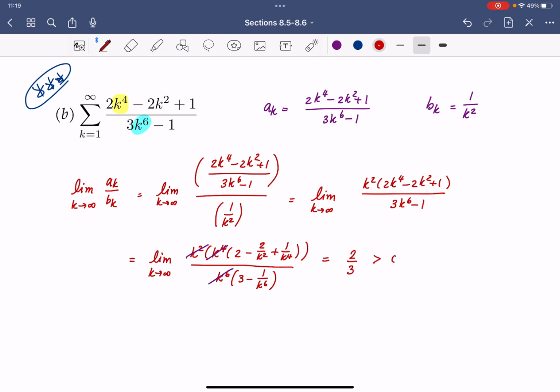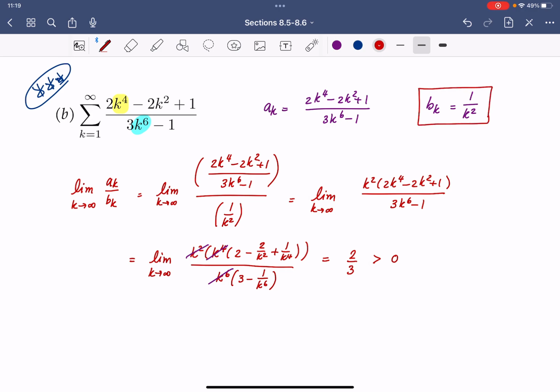which is bigger than 0, right? So by the limit comparison test, a subscript k and b subscript k go to the same thing, converge together or diverge together, which means if you have the pattern of sum bk, ak is going to be the same.